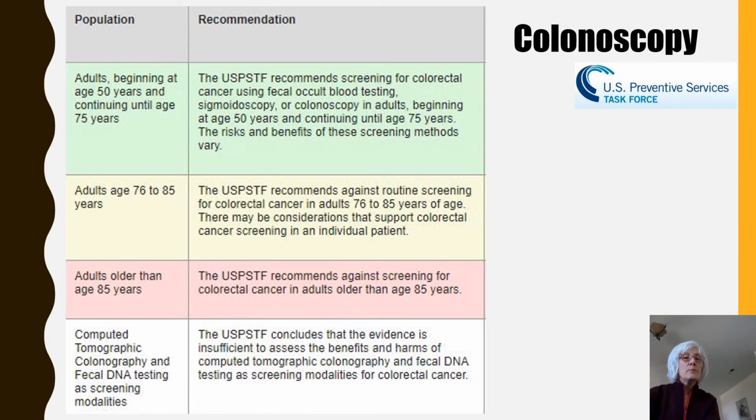The United States Preventative Services Task Force, that same governing body that tells us how frequently we should have mammograms, also tells us how frequently we should have colonoscopies. I only put the Preventative Services Task Force recommendations up here because they do coincide with the American Cancer Society recommendations, so there aren't differences for colon cancer screening like there are in breast cancer screening.